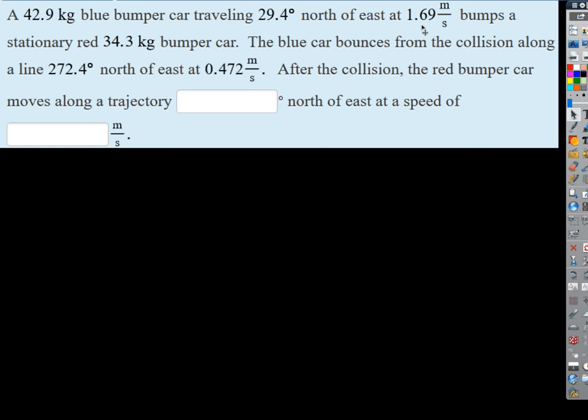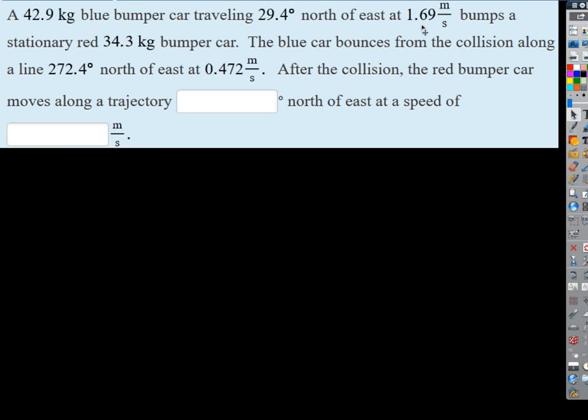We know the final kinetic energy of the car based on its final speed, and the mass didn't change, right? Well, if this is a perfectly elastic collision, what can you tell me about the kinetic energy of the red car after the collision? It's got to equal whatever the blue car lost, doesn't it, right? Because we know initial blue kinetic energy, red 0 initially, equals final blue kinetic energy plus final red kinetic energy, right? So that's easy.